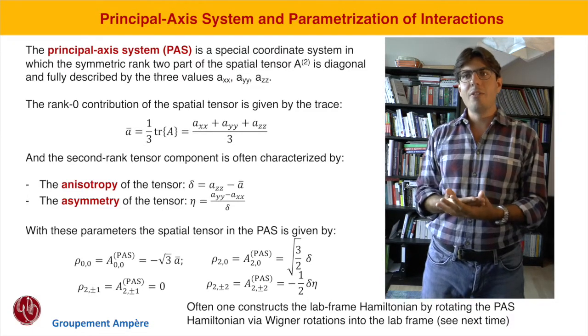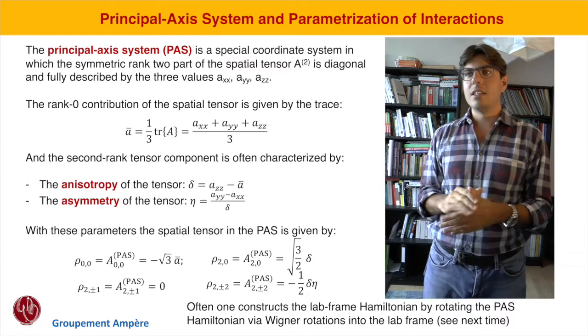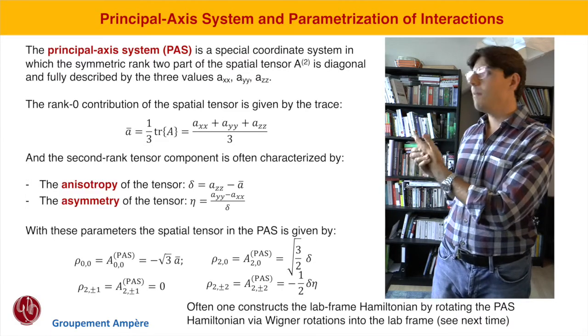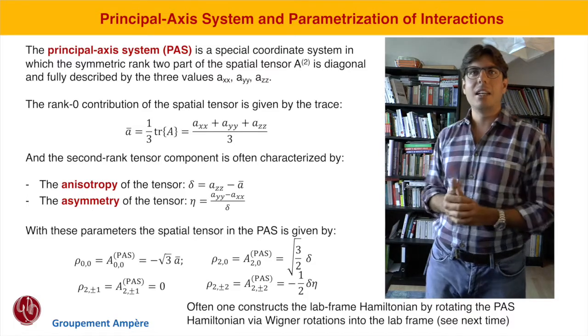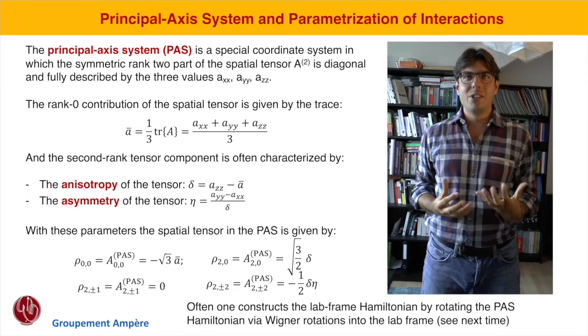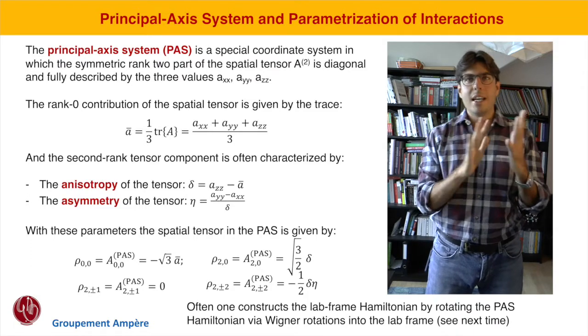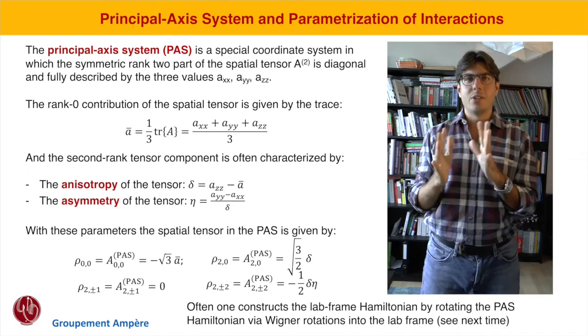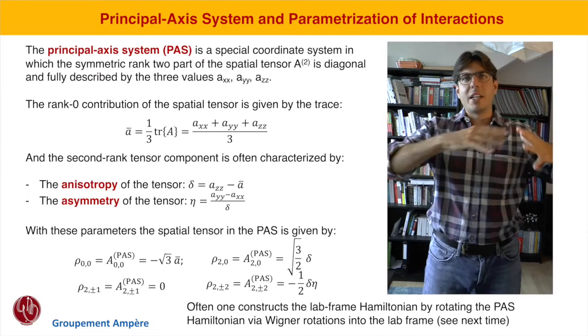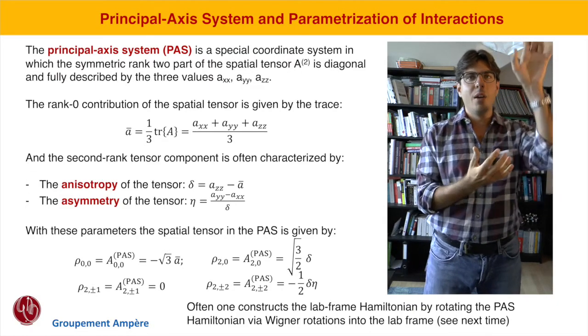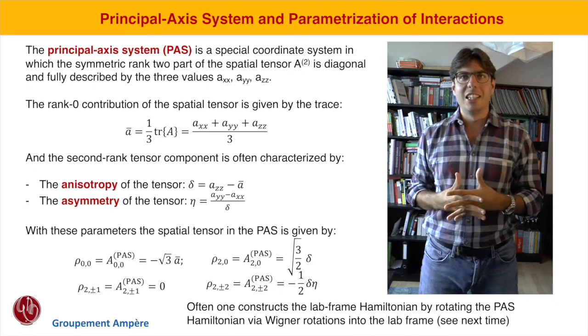And then we have the symmetry of the tensor, and this is just given by Ayy minus Axx divided by the anisotropy. And of course, the symmetry of our tensors gives us an indication of where the center of gravity of our tensor is, which part of the spectrum that we're going to obtain will have more signal than another part.